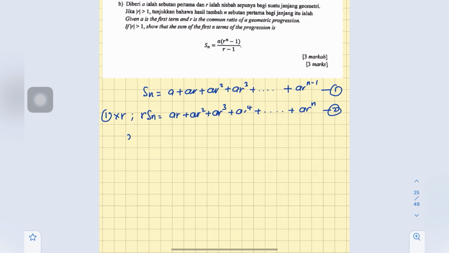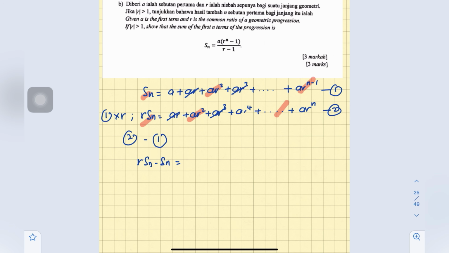So equation 2 minus equation 1, so R Sn minus Sn. This term can be eliminated with this one, this one eliminates with this one, and this one eliminates with this one.